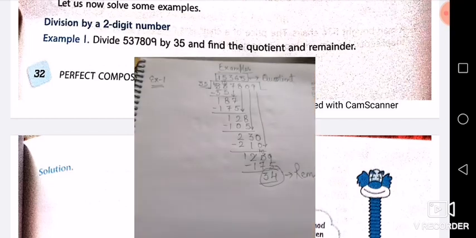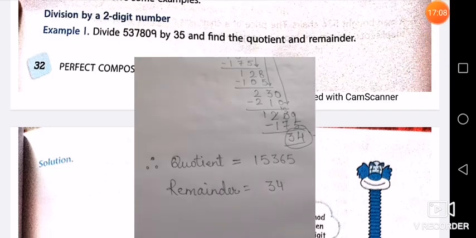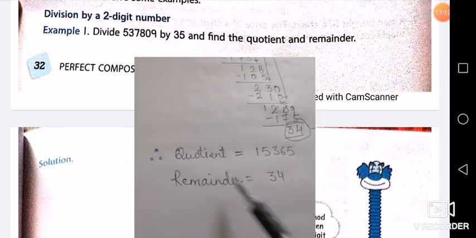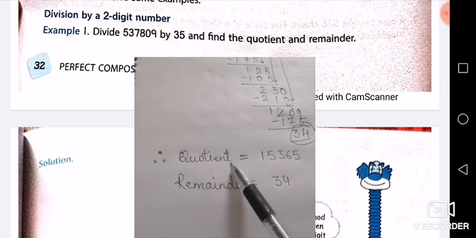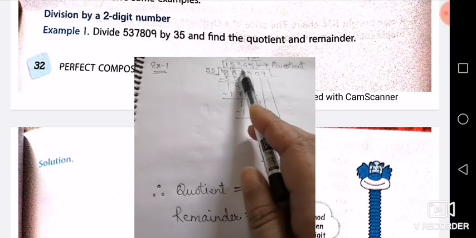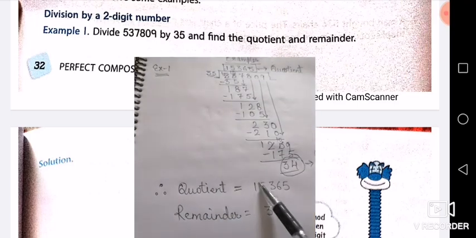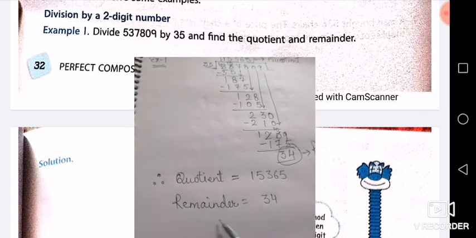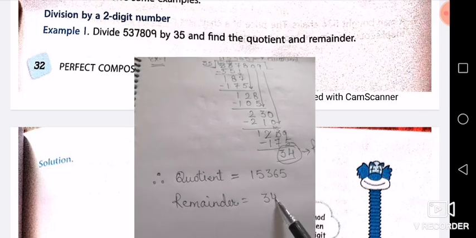Fine. Okay. Now at last we will write quotient and remainder. Therefore we will write quotient is equal to whatever answer you have got in this division, that is 15,365, and remainder also you will write.